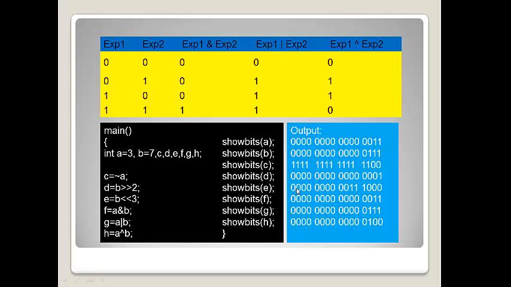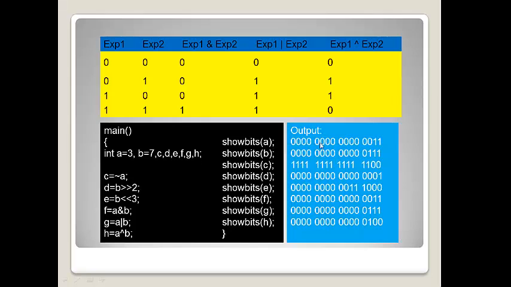This is the value of e after the left shift of 3 bits. Then f is equal to a bitwise AND b.